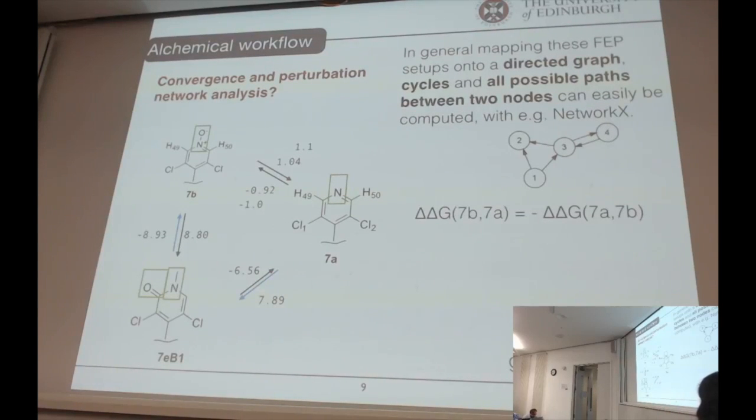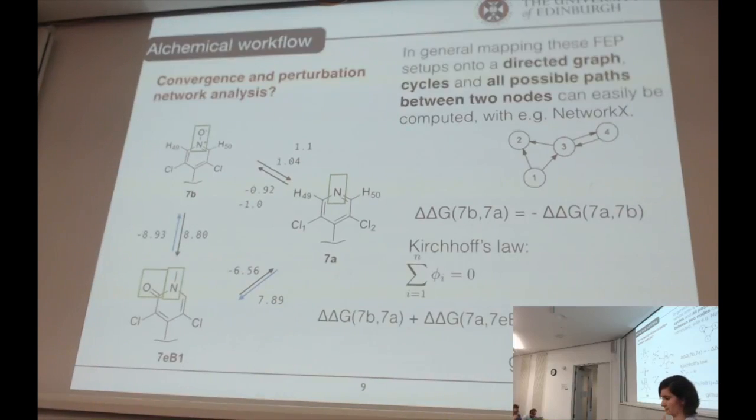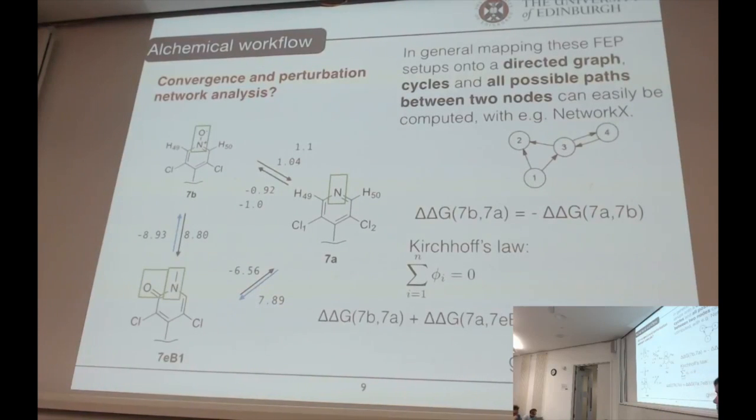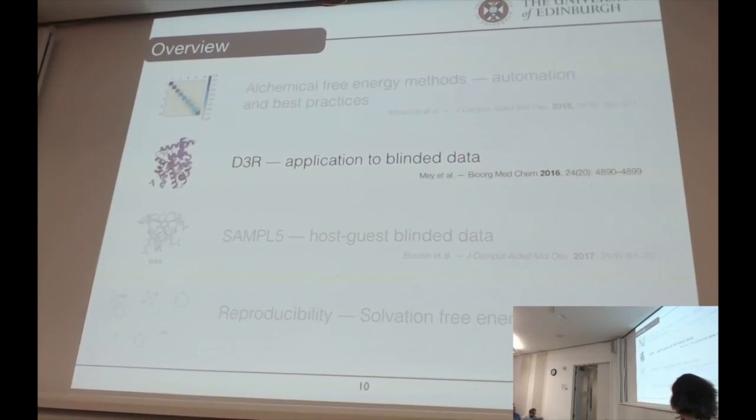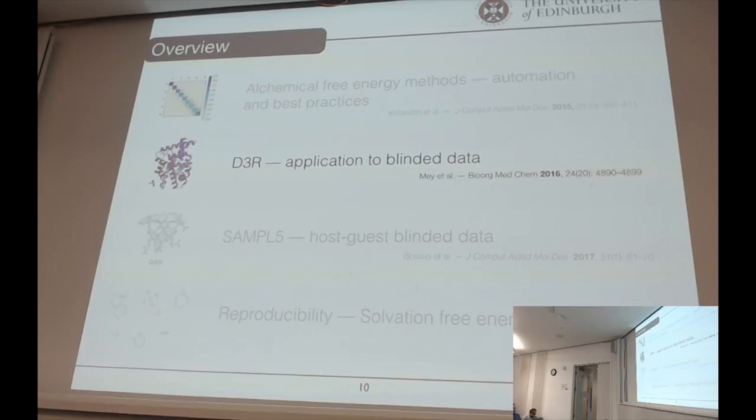Again, for each edge, ideally, we do 3 repeats, and then also look at the cycle closure, which we basically do in the same way Schrödinger does it, but implemented by ourselves in a GitHub repository I maintain. So this is the general workflow we do. We try and be as rigorous as possible with repeats and error estimates and so forth.